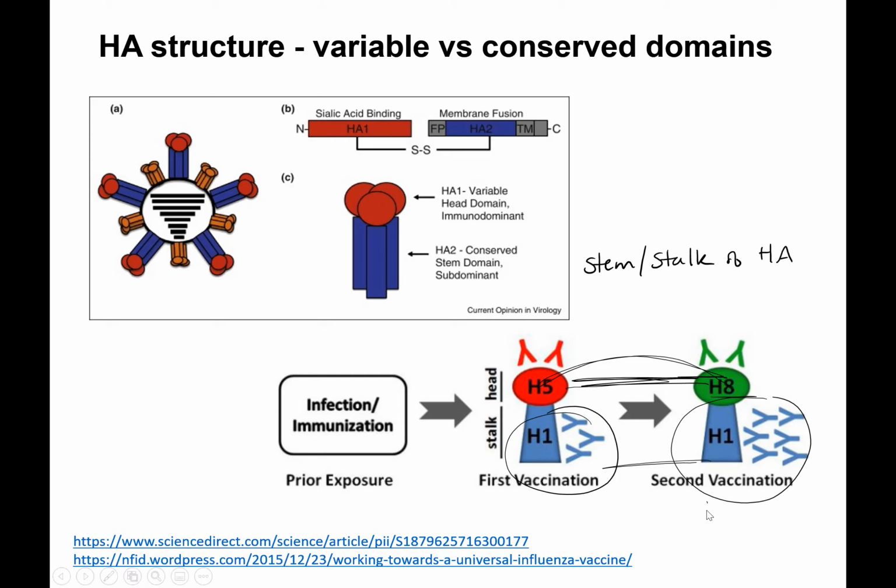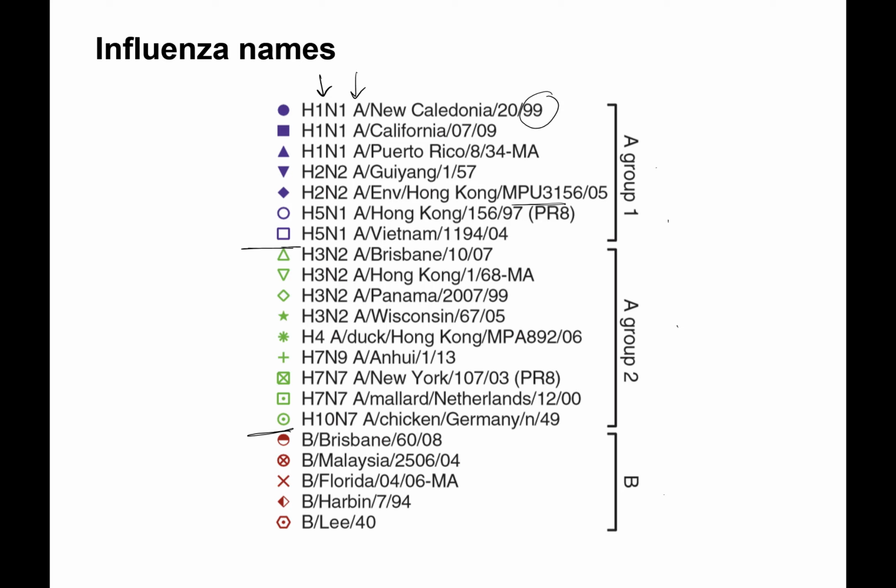Sorry, it's staying the same genetically, so it's expressing the same amino acids. So the big goal here is, can we have antibodies that have cross-reactivity with different strains of influenza?